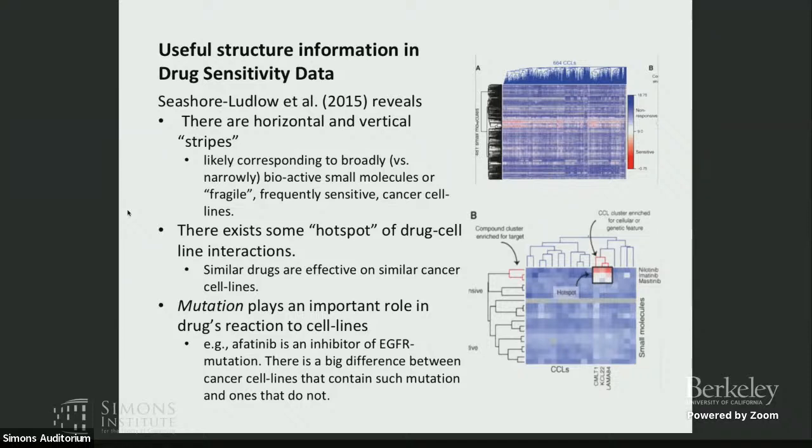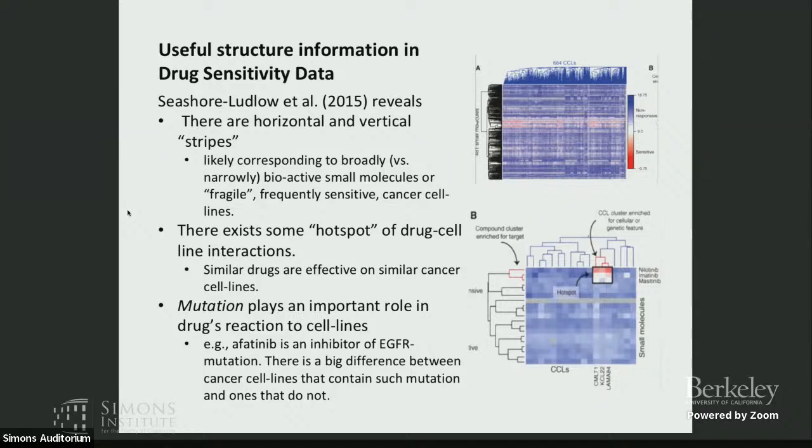There are also situations where we have a single drug that is an inhibitor. For example, in this example here, it's an inhibitor for some type of mutation, and this drug will make a big difference between cancer cell lines that do or do not have that mutation.